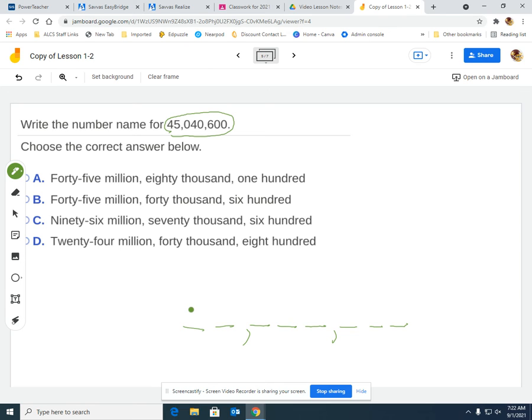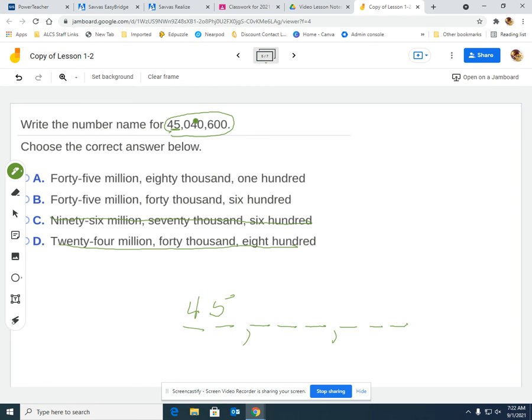So I want to look at something that says 4 in the beginning. I already know it's not going to be this one, and I already know it's not going to be this one, because these two say 96 million. That's not a 9. And this one says 24 million. That's not a 2. So we know it's got to be one of these two that say 45 million. There's my 45.